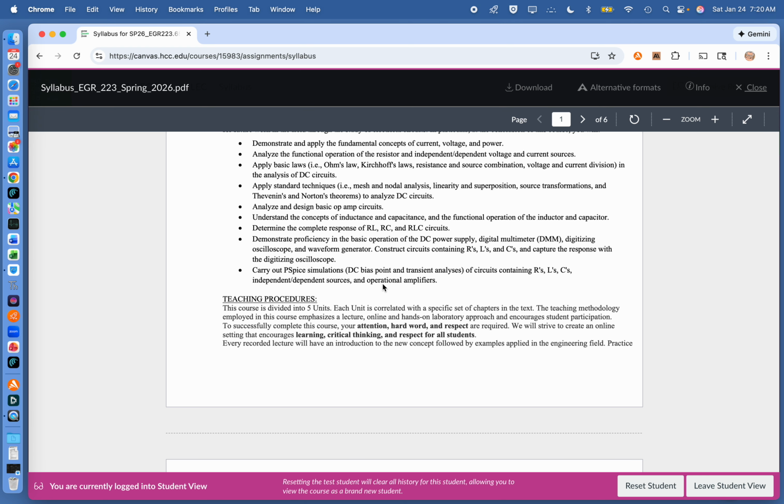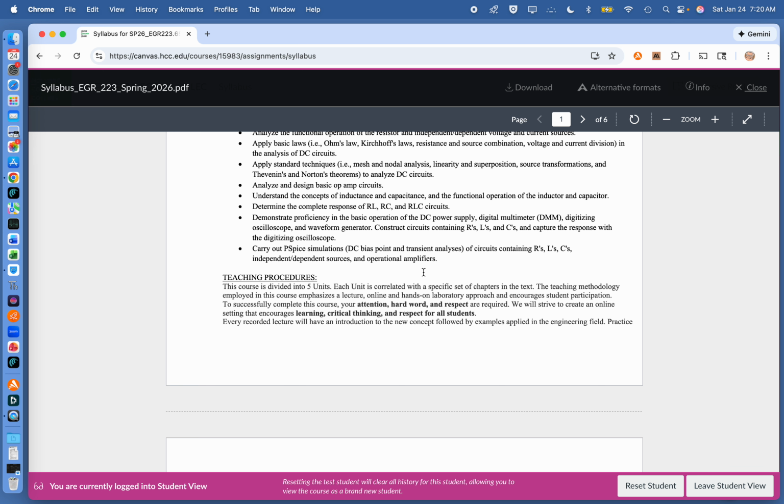This is the same course that's being taught at most of the universities in the United States right now. Prior to HCC, I was at University of Central Florida, and I was at the University of Hartford teaching these courses and advanced electrical engineering courses. So I have a pretty good idea of what should be taught in this course, and what you need to know as you take the more advanced courses.